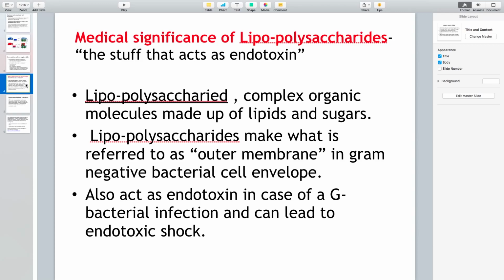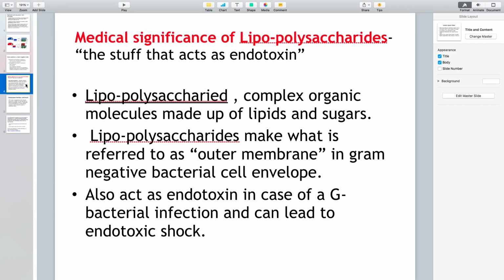As I mentioned, I would like to talk a little bit more about this lipopolysaccharide, because that is the stuff that acts as endotoxin responsible for one of the major illness that is caused by gram-negative bacterial infection. So lipopolysaccharide is a complex organic molecule made up of lipids and sugars.